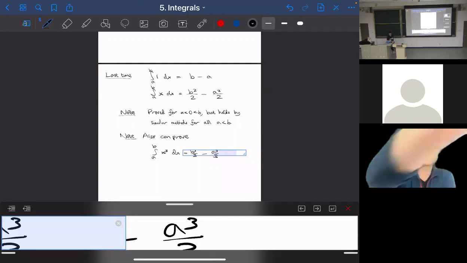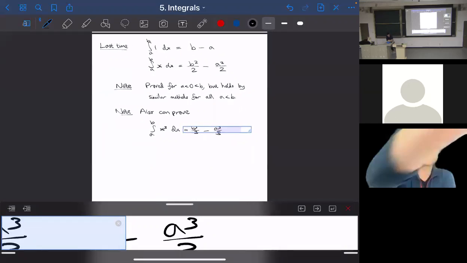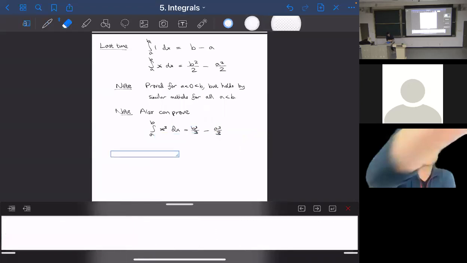Okay, so this is a pattern that we'll extend today, and we'll be able to calculate many more definite integrals. So let's summarize using these facts.